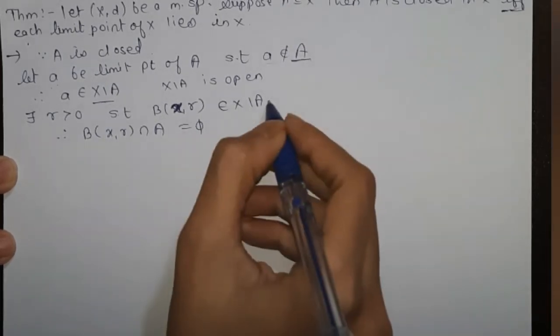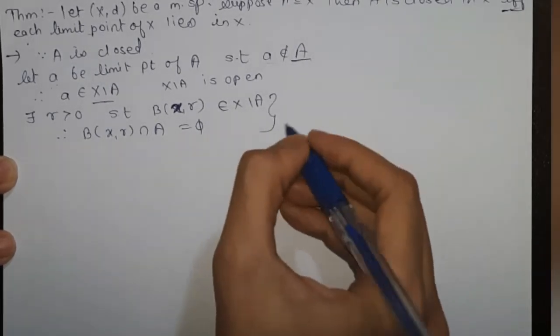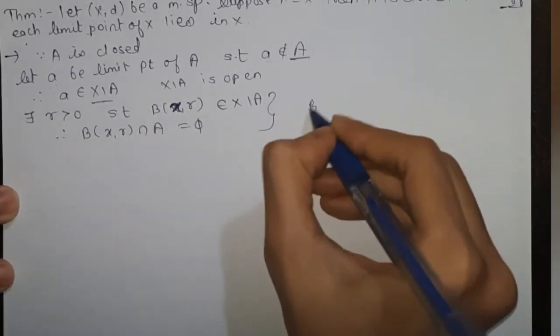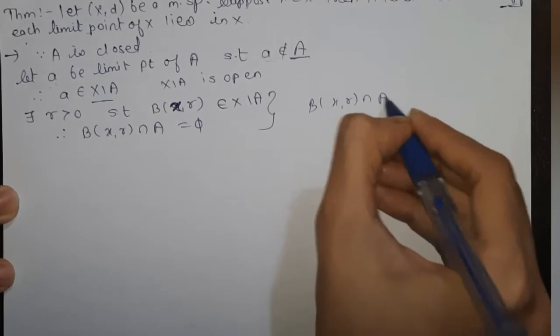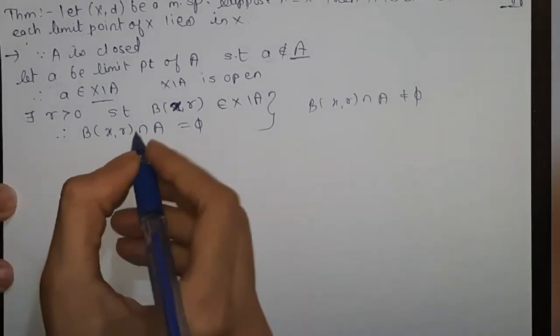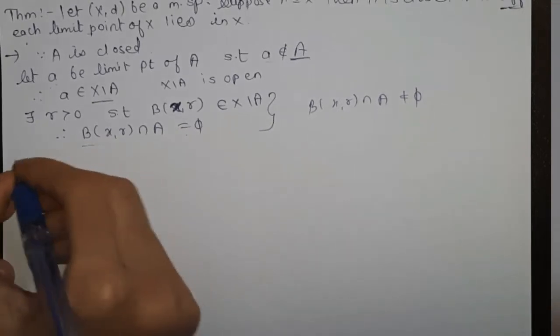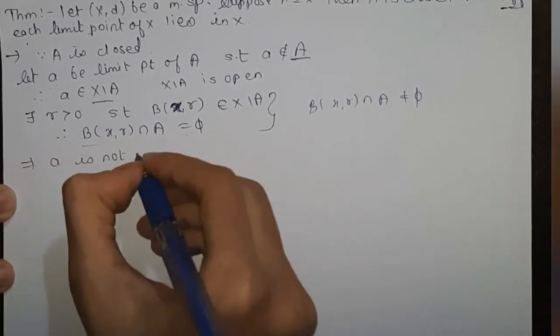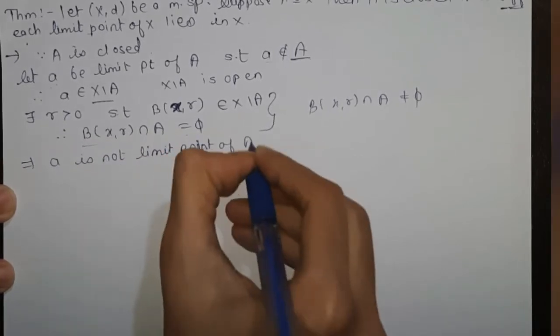This is the definition of not a limit point, because for a limit point we have B(a, r) intersection A is not equal to empty. But here we get empty, so a is not a limit point of A.